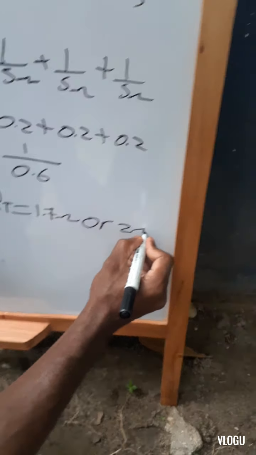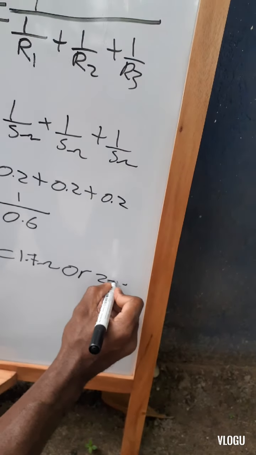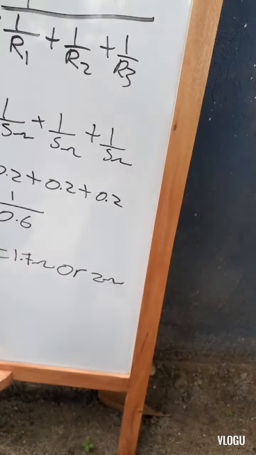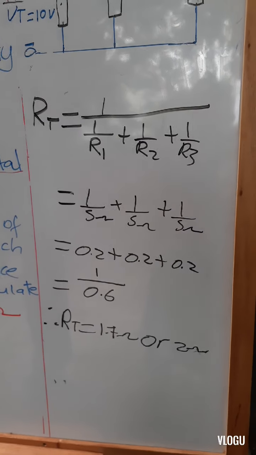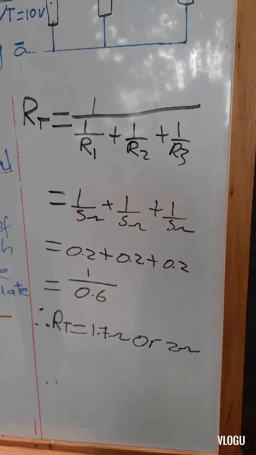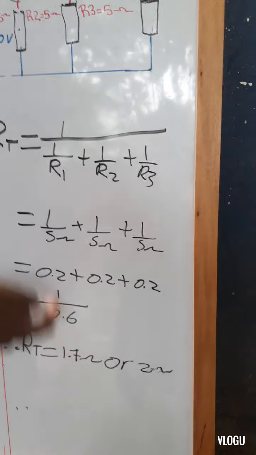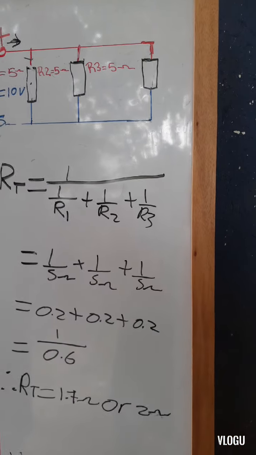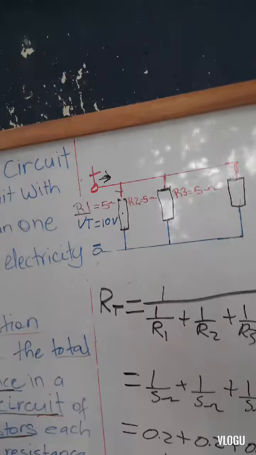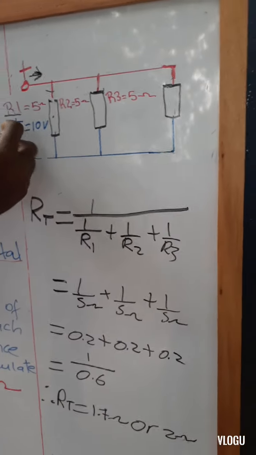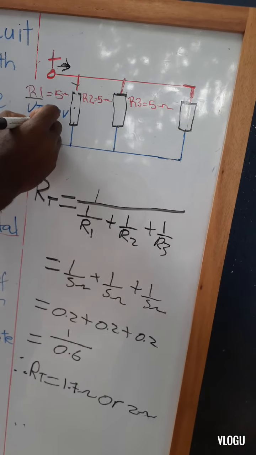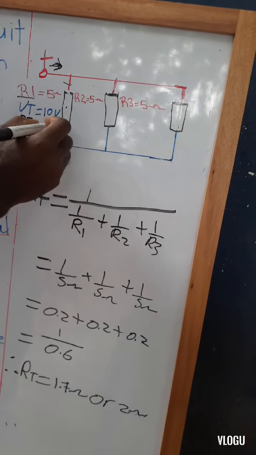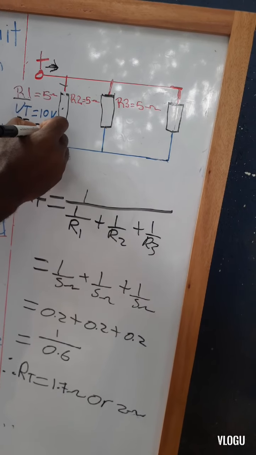That's how we would have calculated the total resistance in the circuit. And up here, we're just going to plug this value into our circuit. So we can say RT is equal to 2 ohms.